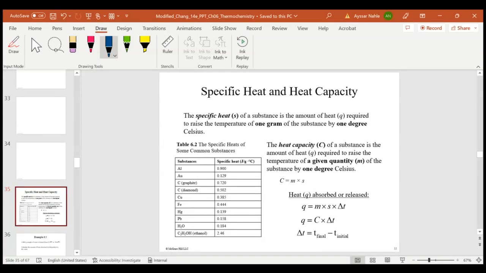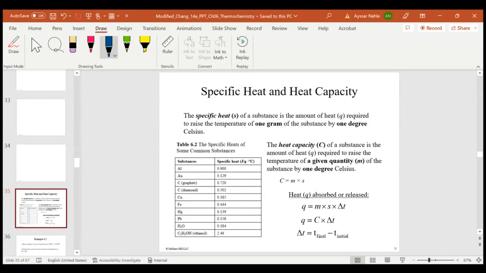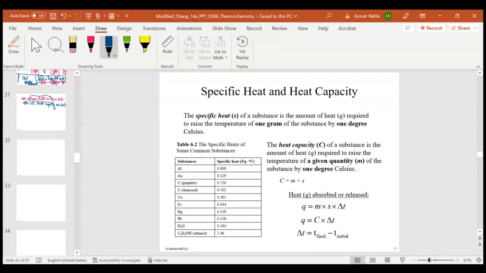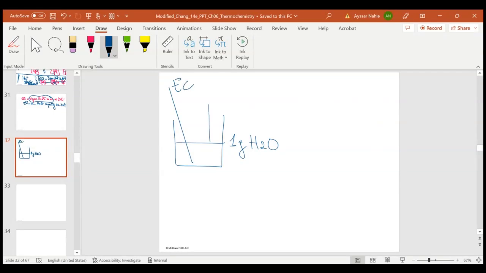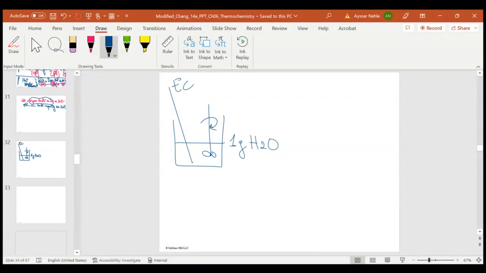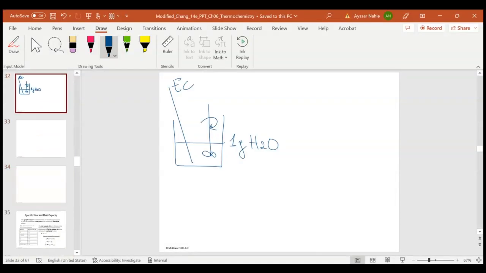Also, if I take 1 gram of pure water, and I stick a thermometer in here, and put a stirrer in there to stir the water. And I said, if you remember, 1 gram is 1 milliliter, and 1 milliliter is about 20 drops.